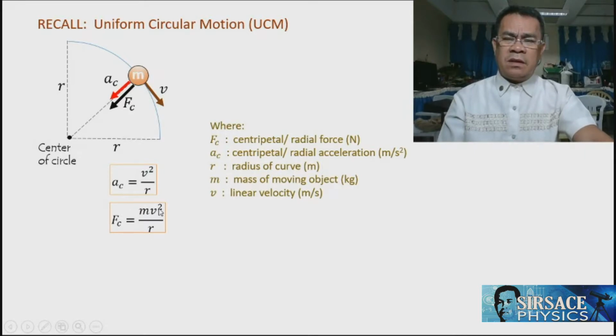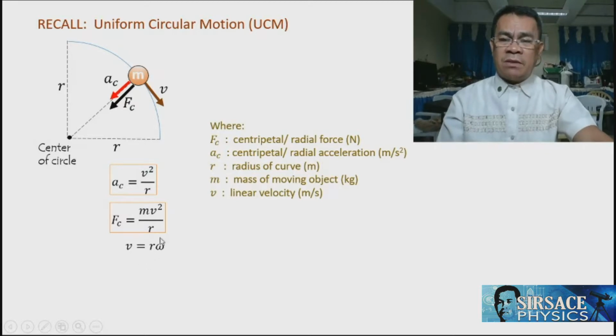Then if linear velocity is not given, instead we have the angular velocity, we will need the relations that involve linear velocity and angular velocity, and this one was also derived in our previous video. So go over our previous video.